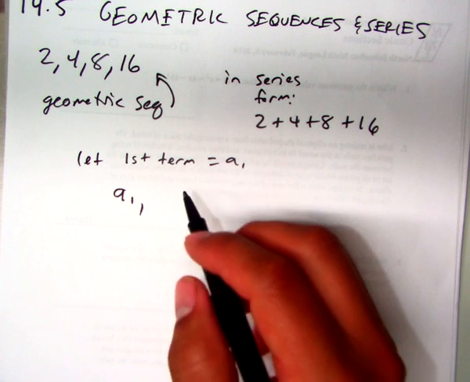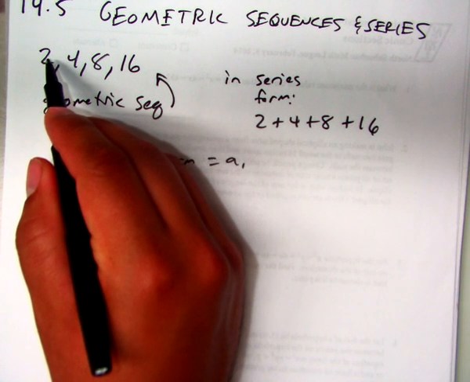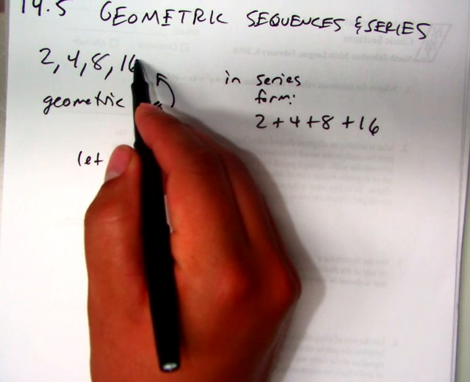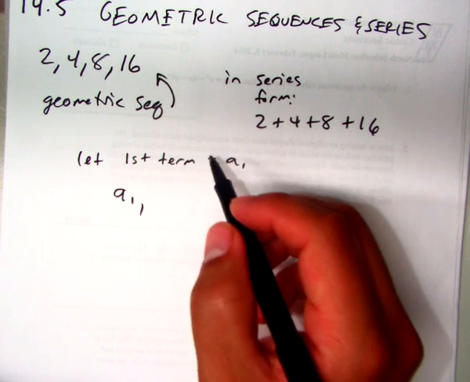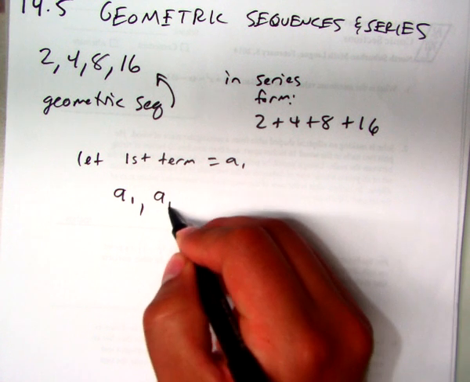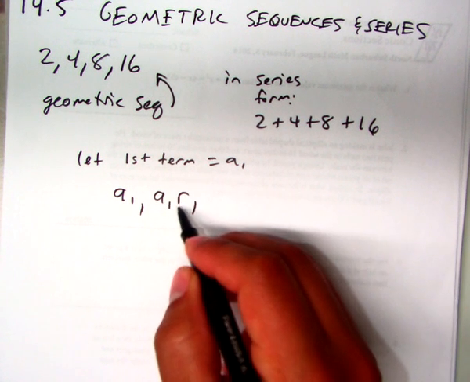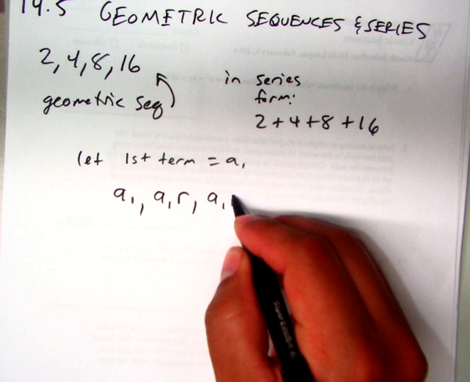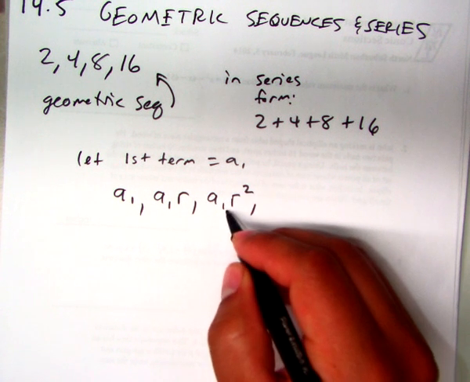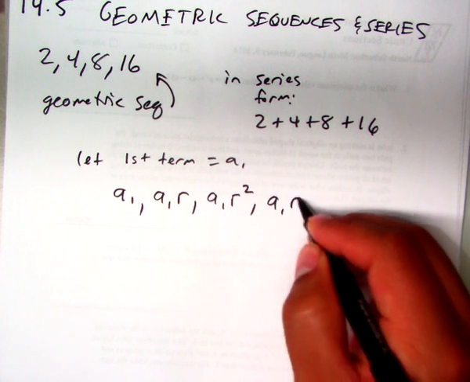And then let's say, like here, we kept doubling each term to get the next one. Let's call that factor r. So take a1 times r to get the next term. Take this term times r to get the term after. Take this third term times r again to get the one after that.